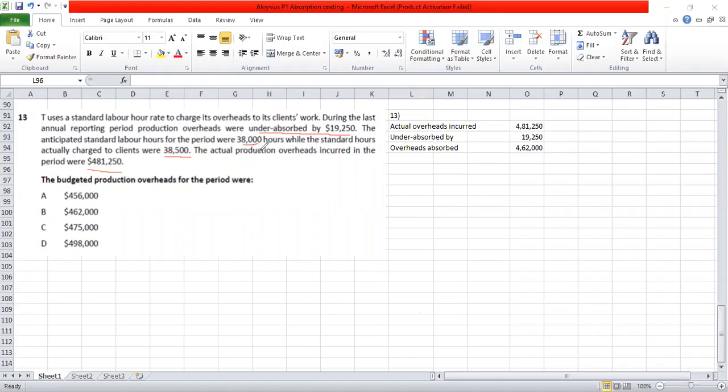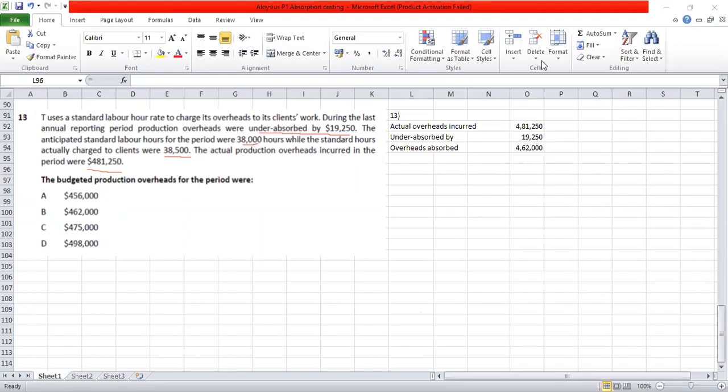There are two different standard hours mentioned. They actually planned to have the overheads based on 38,000 hours, but during that period they had 38,500.